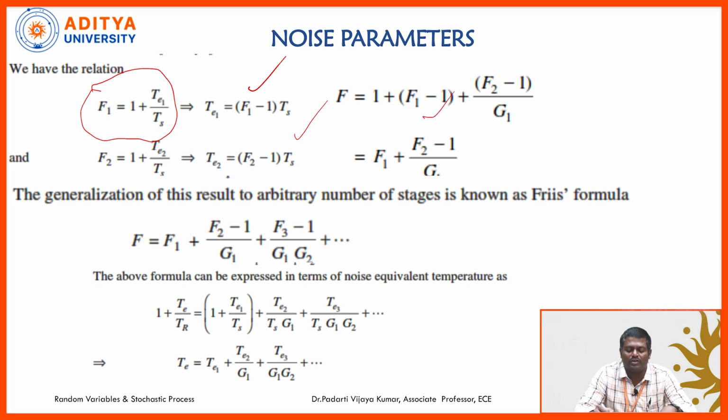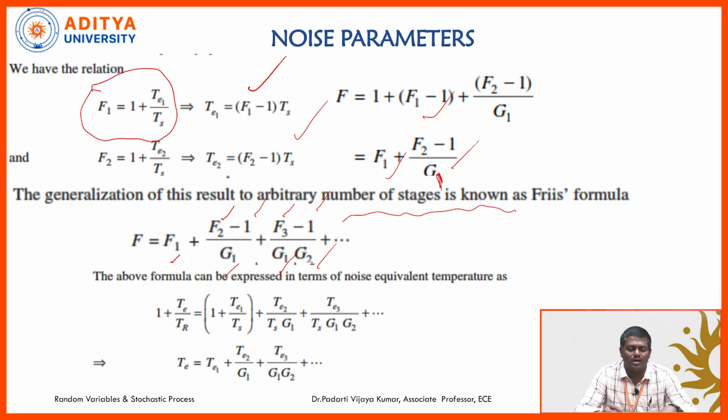On substituting, what we will get, F is equal to F1 plus F2 minus 1 by G1. So this result can be extended to n number of stages. When it is extended to 3 stages, let us say F1, plus F2 minus 1 by G1, plus F3 minus 1 by G1 G2, like this. The process will continue like this.